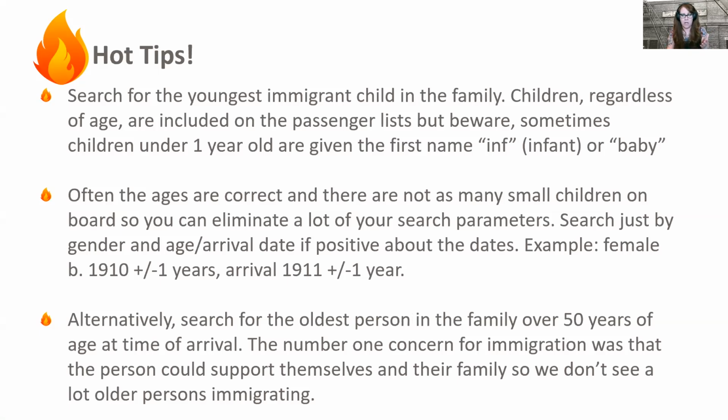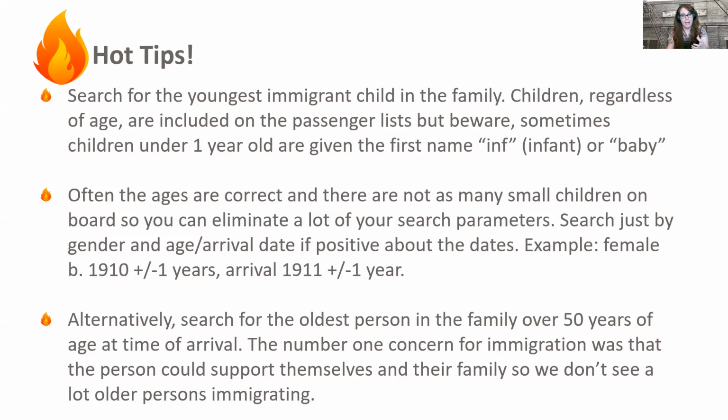Sometimes if I'm looking for a child that's under 1 or under 2 years of age and nothing's coming up with the names, I will eliminate the name search completely and just search by the year of birth with plus or minus 1 or 2 and the year of arrival, and go through all the results and look at anything that might be close.